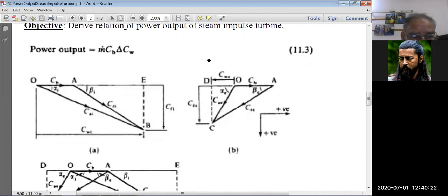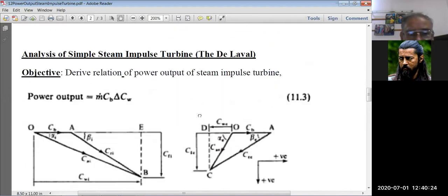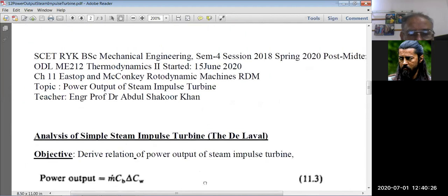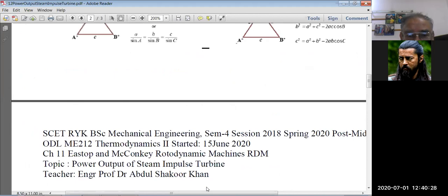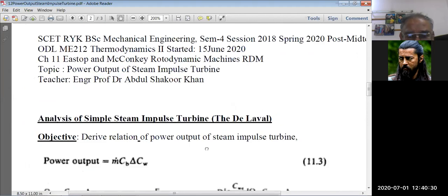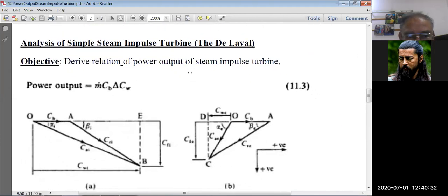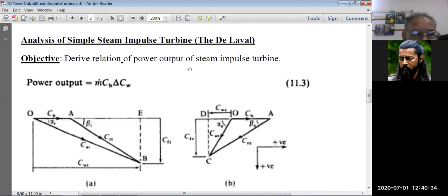So here, power output. After knowing these fundamentals, this is just for your convenience. I have revised your trigonometry and geometry of matric examination. So our objective will be to derive the relationship of power output of a steam impulse turbine. This is called a simple steam impulse turbine. Remember, we are talking about a steam impulse turbine, not a gas impulse turbine.